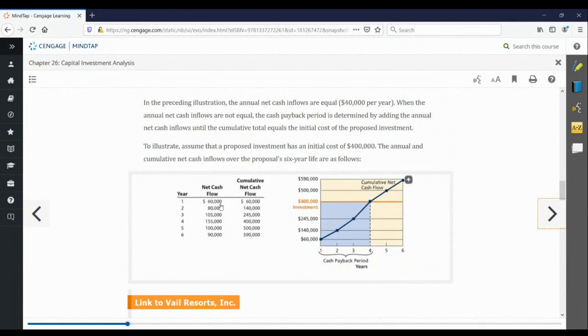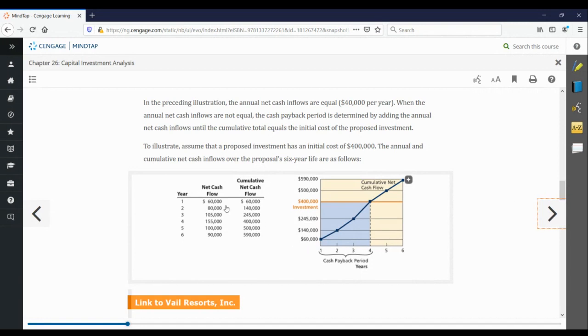If the cash flow is unequal in amount, then we'll use what we call the cumulative net cash flow to determine the number of years that is required in the cash payback period.